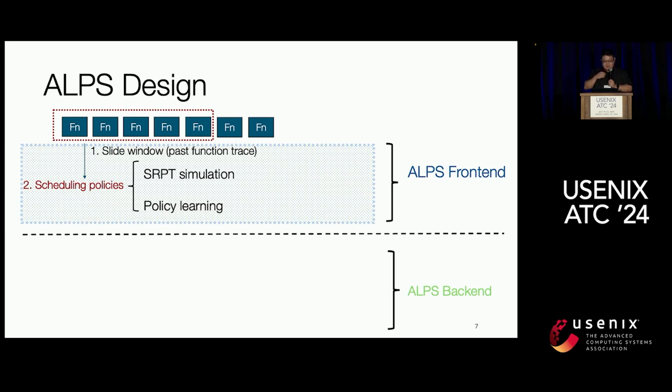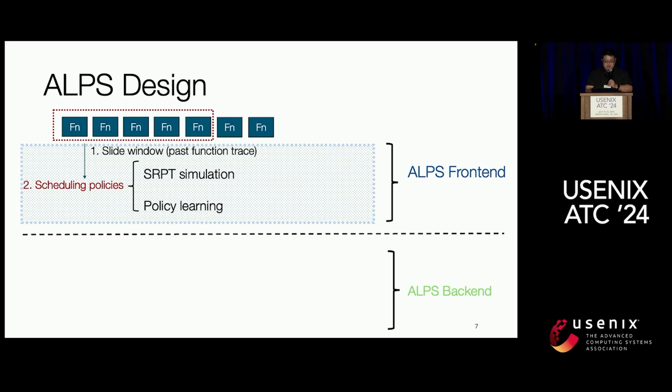Then based on those past function traces, we learn the scheduling policy. Firstly, we do an SRPT simulation. It simulates the SRPT decisions based on the current workload characteristics. Those decisions let us learn how SRPT would schedule offline.